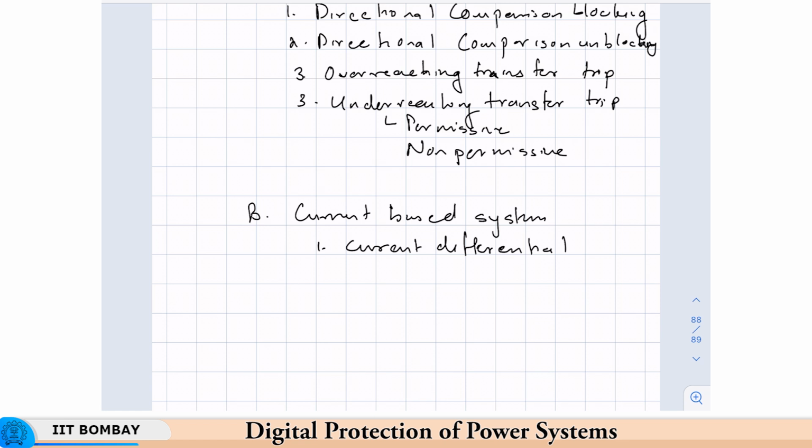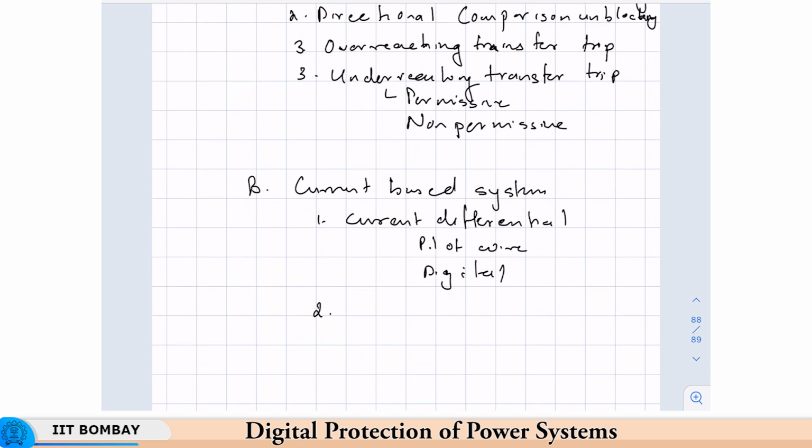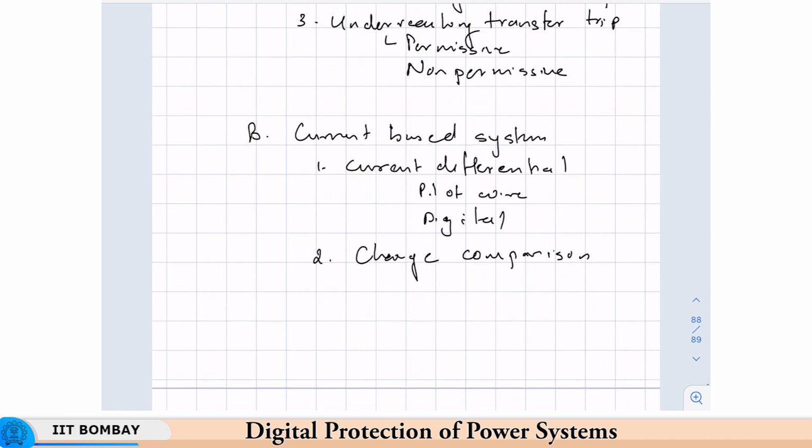Since it is a transmission line, we will require relays at both the ends and then compare the two. Here this is further classified into pilot wire and digital. Again, all this is being mentioned for the sake of completeness. We may or may not visit all of this again.